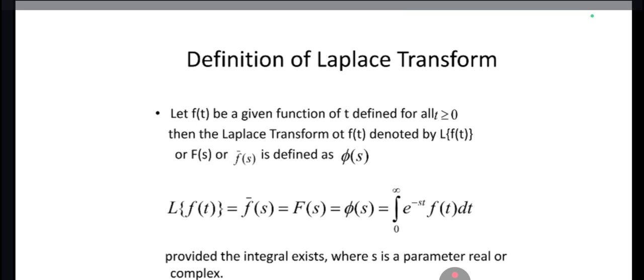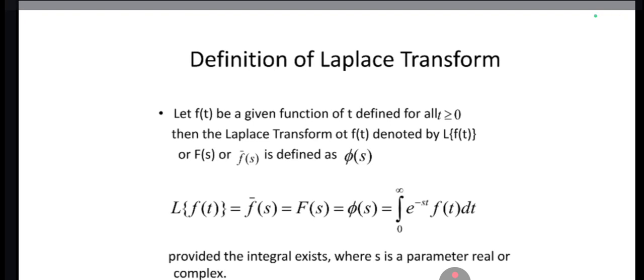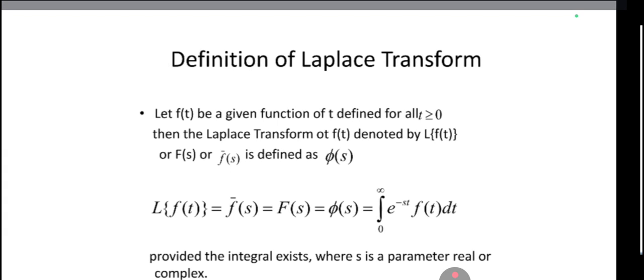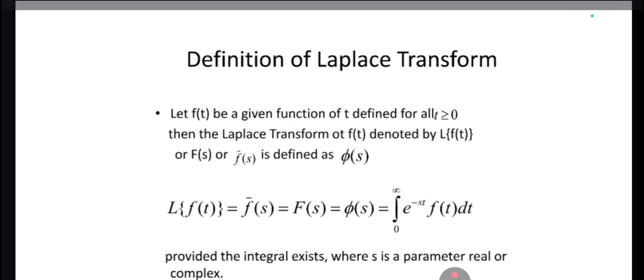Today I am going to teach you about Laplace transform. Definition of Laplace transform. Let f of t be a given function of t defined for all t greater than or equal to 0. Then the Laplace transform of f of t is denoted by L of f of t, or we can denote capital F of s or small f dash of s, and it is defined as L of f of t equal to integral 0 to infinity e power minus st f of t dt.